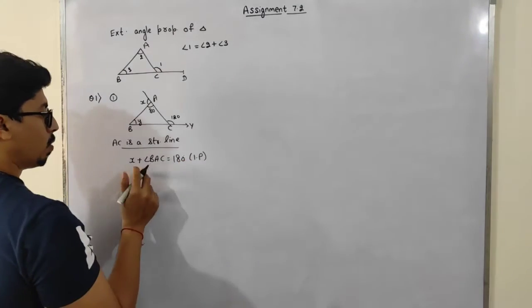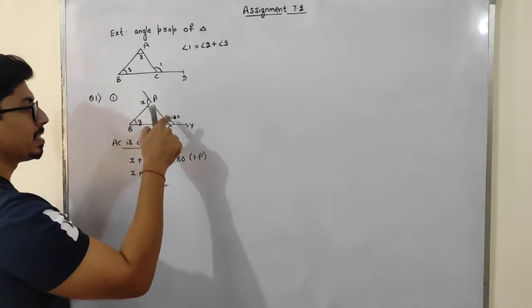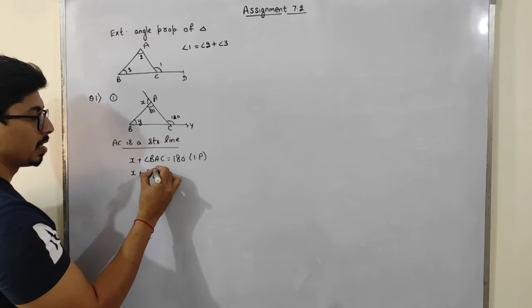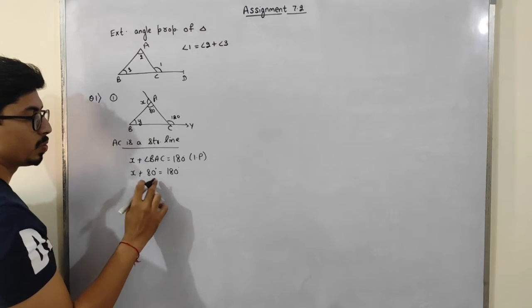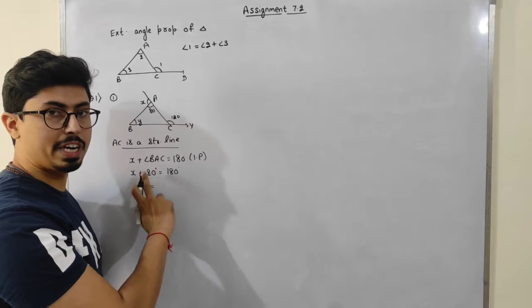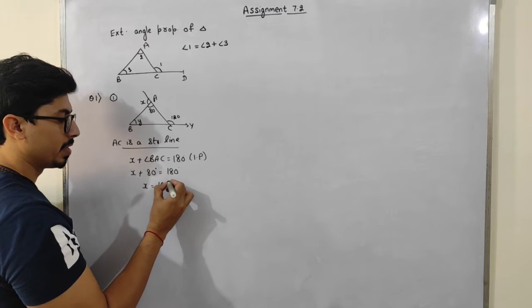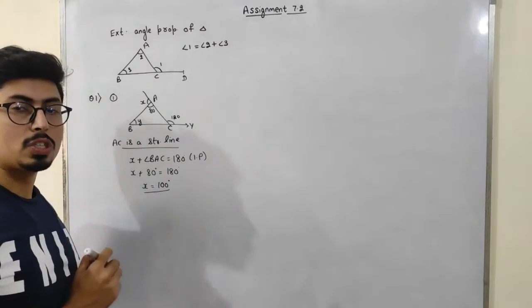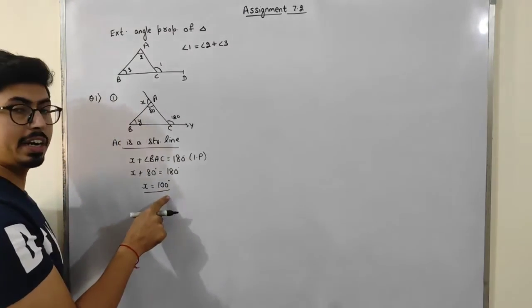Now X plus angle BAC, that is 80 degrees, is equal to 180 degrees. So X is equal to 180 minus 80, this is 100 degrees. So the value of X is 100 degrees.